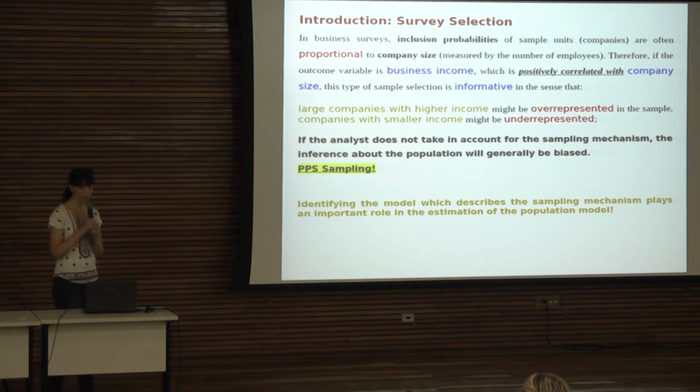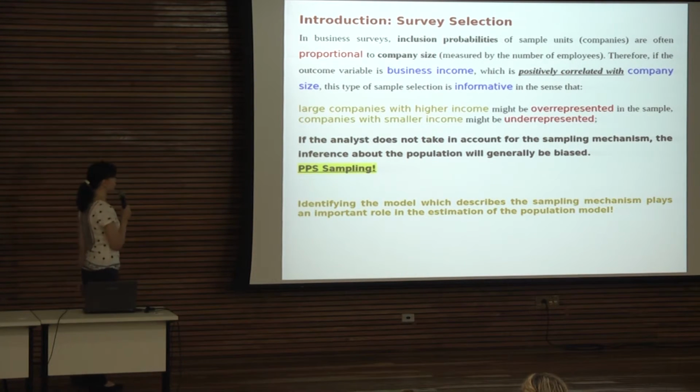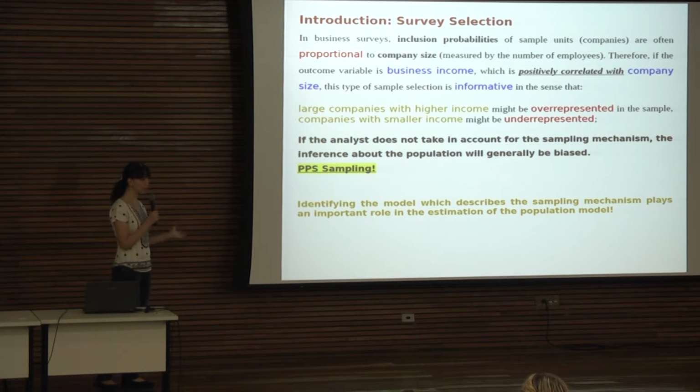For example, in business surveys, inclusion probabilities of sample units, which are companies in this case, are often proportional to company size measured by the number of employees.